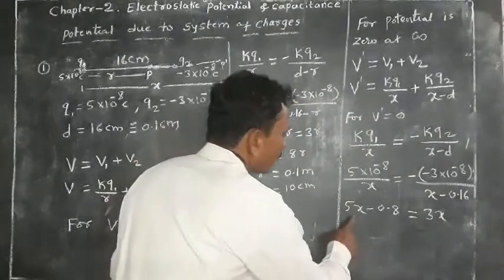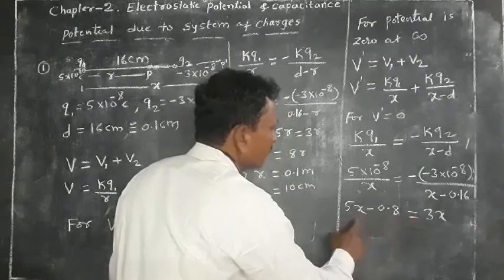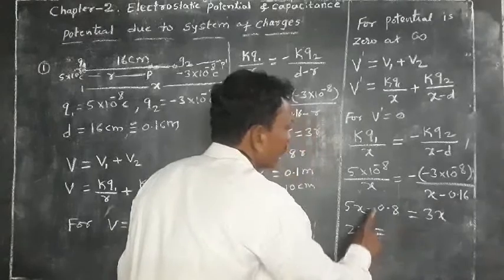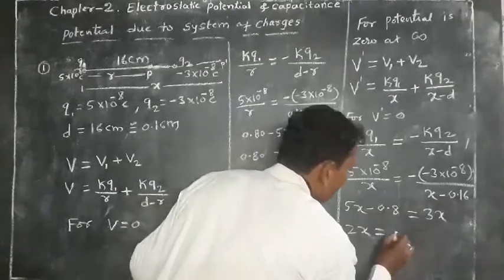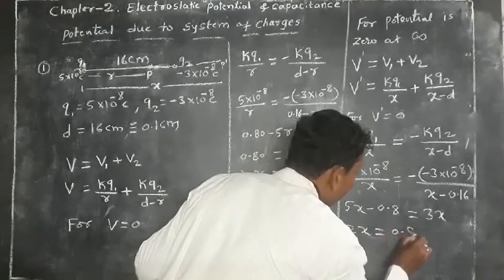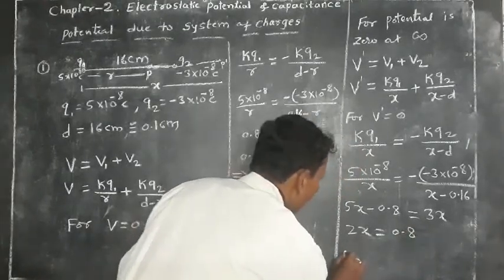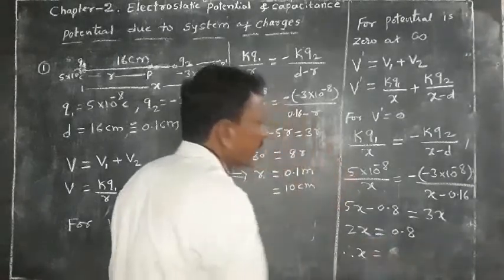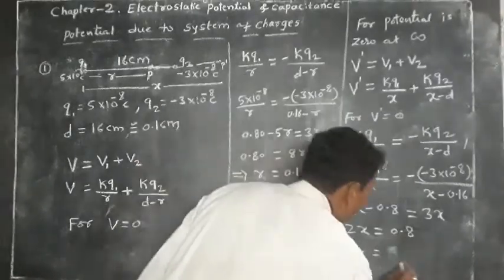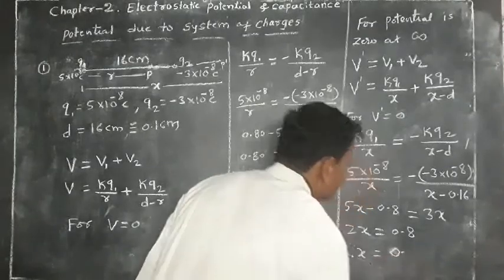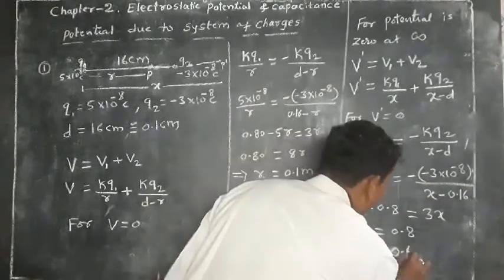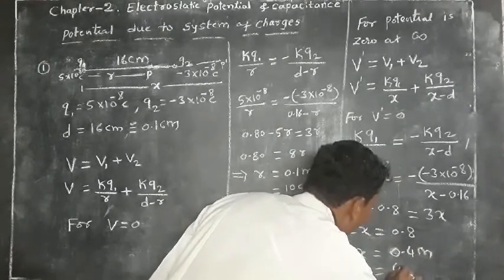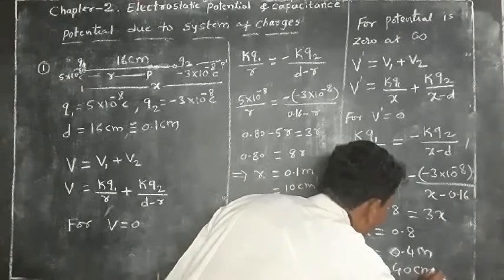Now 5x minus 3x is equal to 2x is equal to minus 0.8, on this side becomes 0.8. Therefore, x equal to 0.8 divided by 2, that is equal to 0.4 meter, or that is equal to 40 centimeter.